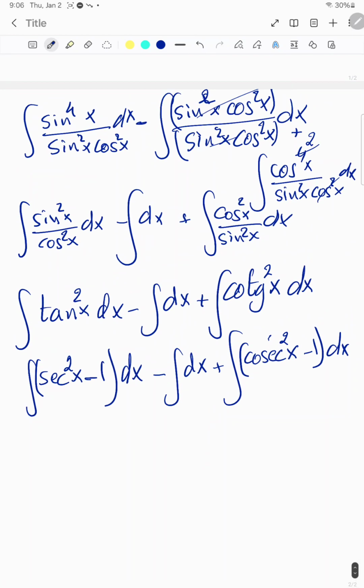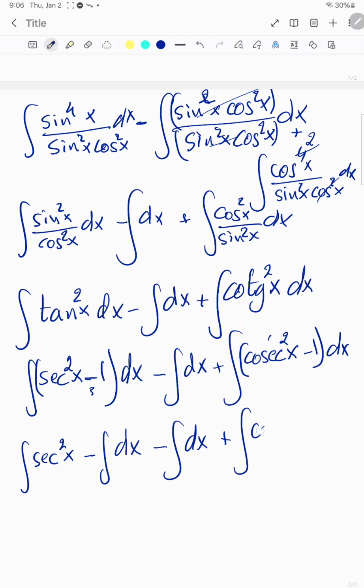We're almost there, and now because of the minus I can split it into two integrals. It becomes the integral of sec square of x minus the integral of dx minus the integral of dx plus the integral of cosec square of x dx minus the integral of dx, because the minus 1 times dx is the integral of dx.